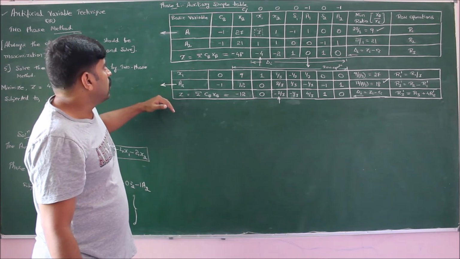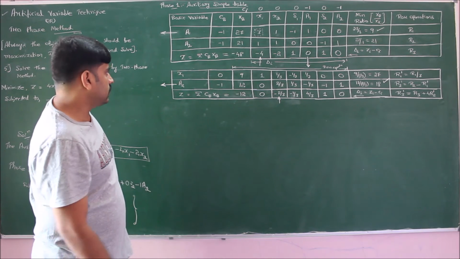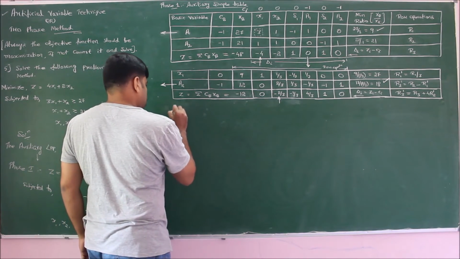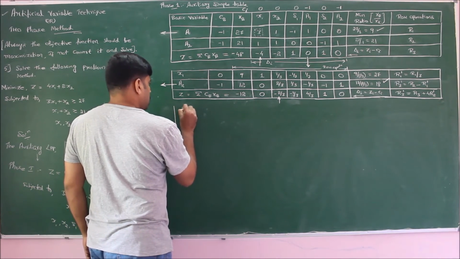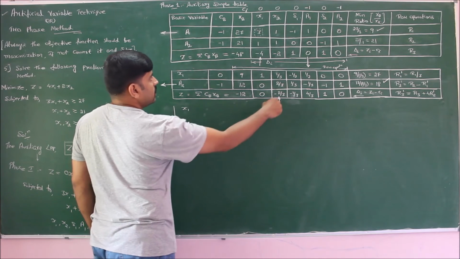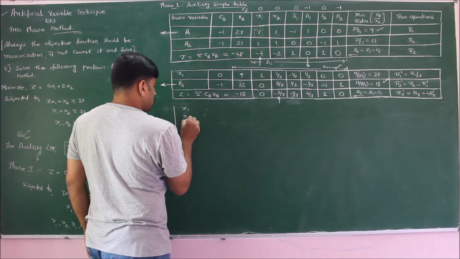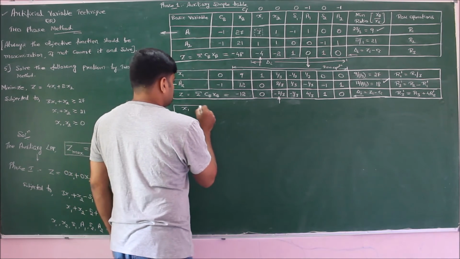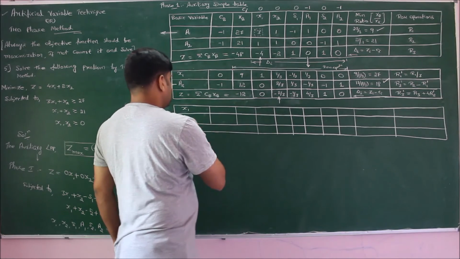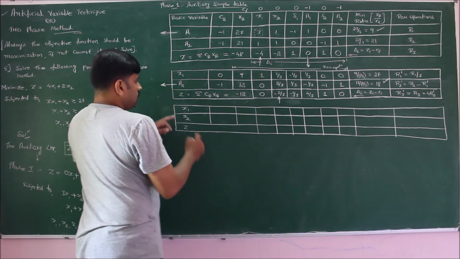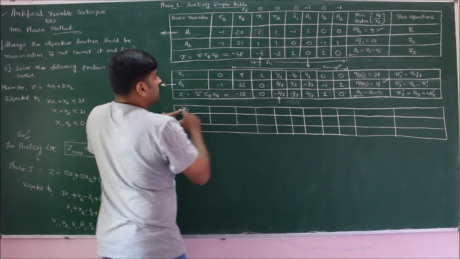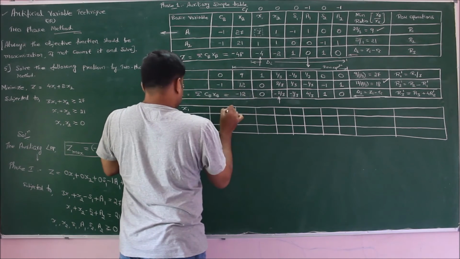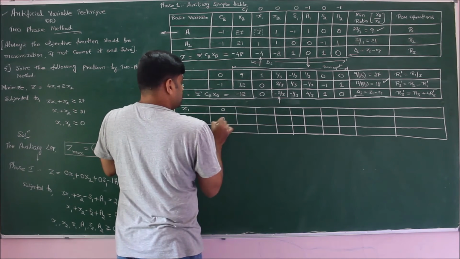Now let us move on to table 3 of phase 1. For table 3 of phase 1, we have x1 unaltered, A2 is moving out and x2 is coming in, and we have z to be calculated. Now the coefficient of x1 is 0, the coefficient of x2 is also 0.